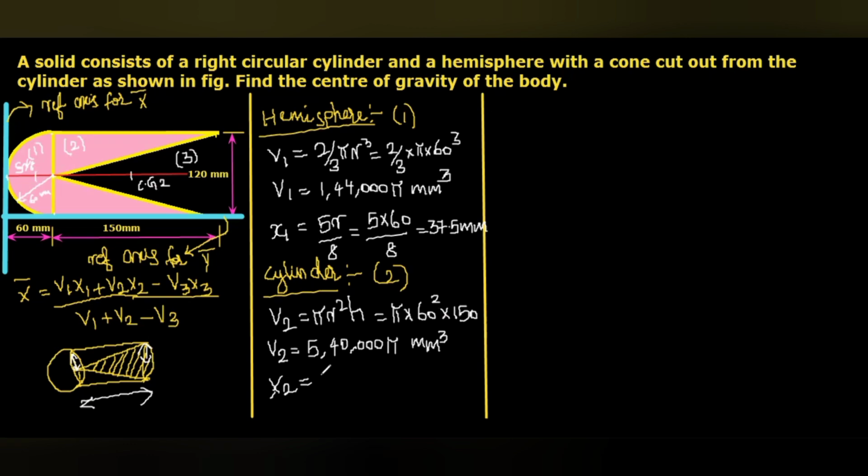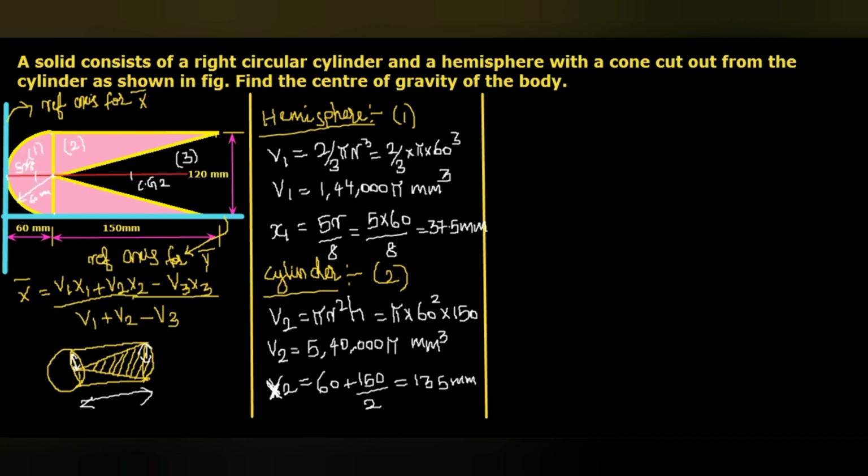So that will be 60 plus 150 divided by 2. 150 by 2 is 75 plus 60. We will get 135 mm. So this is x2. So x2 also we calculate.